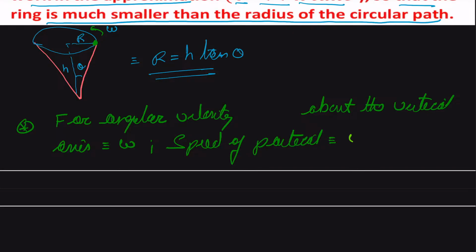Suppose that is given as v, then v is equal to omega times r. So we found the relationship between v and r, which is our basic relationship.